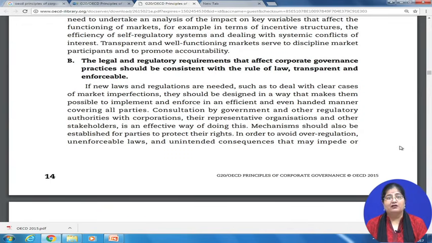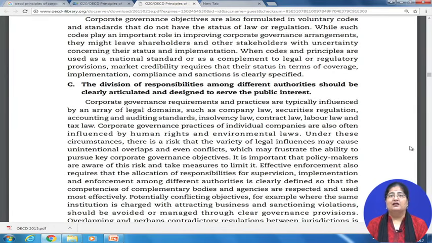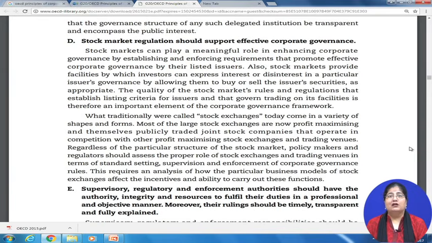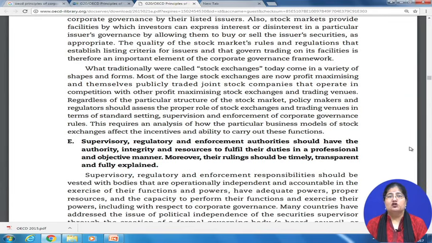The legal and regulatory environments that affect corporate governance practices should be consistent with the rule of law, transparent and enforceable. The division of responsibilities among different authorities should be clearly articulated and designed to serve the public interest. Stock market regulation should support effective corporate governance.